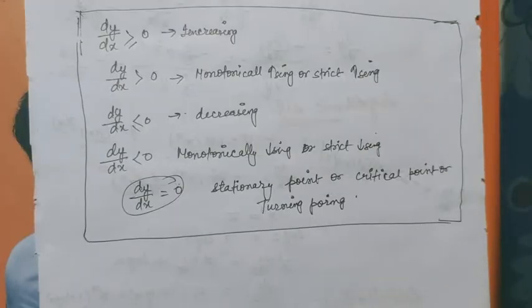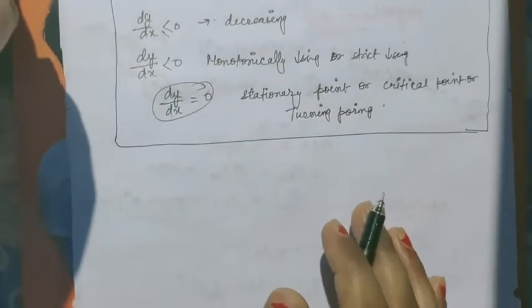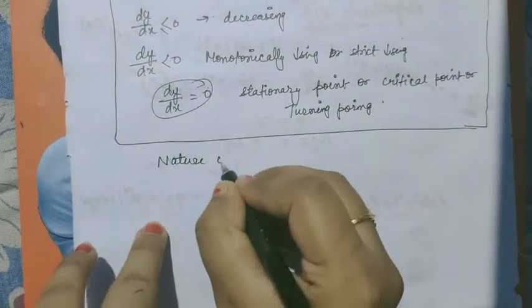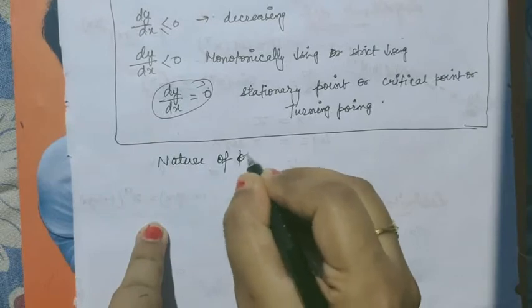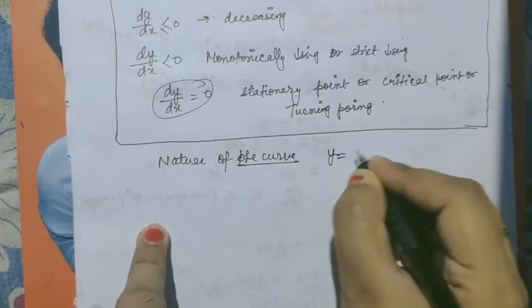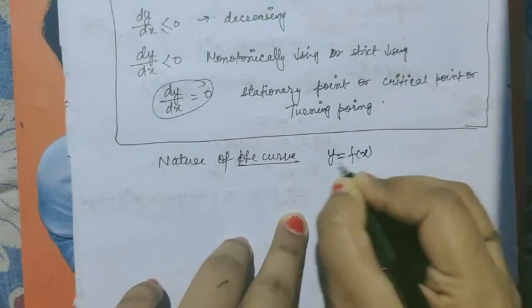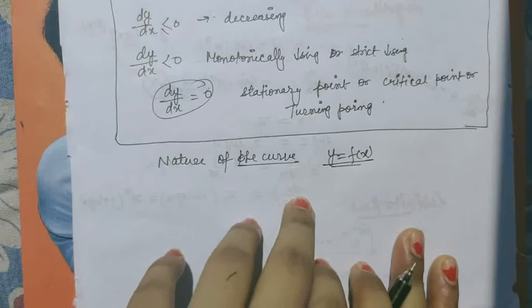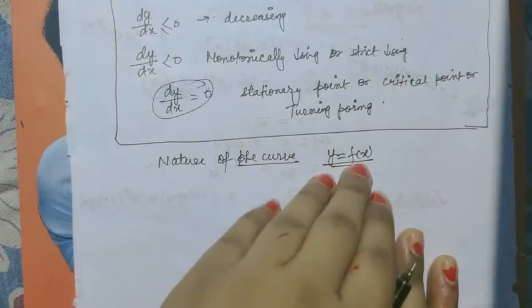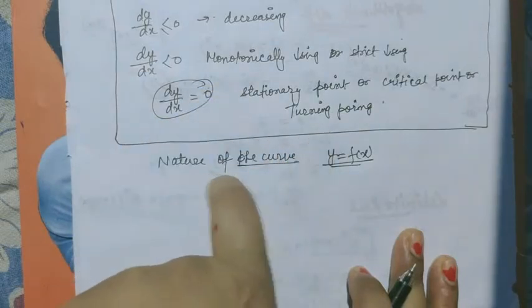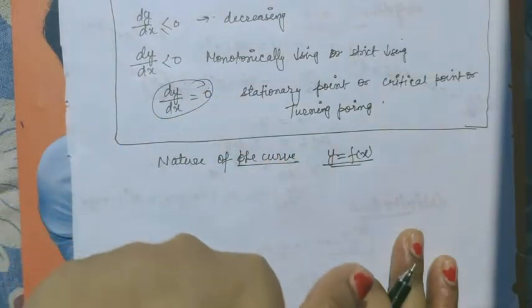Now moving to the next topic, that is nature of curve. If some function is given, y equals f(x), then how can you tell the nature of the curve between two particular points?